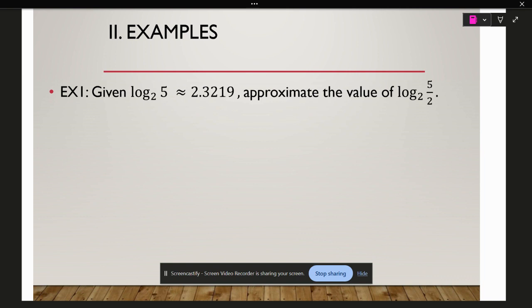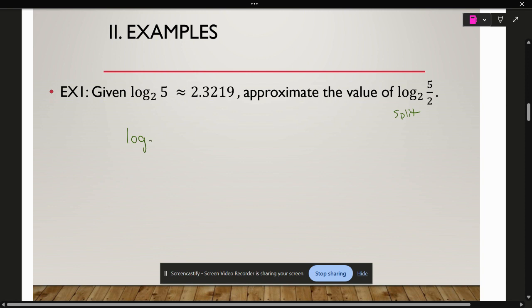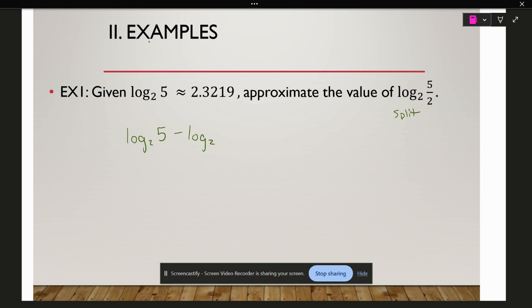So the first thing that we want to do if we're approximating and they give us the value is split this into two different logs. Using our property where division is subtraction, we'll say the log base 2 of 5 minus log base 2 of 2. They've told us that log base 2 of 5 is 2.3219.